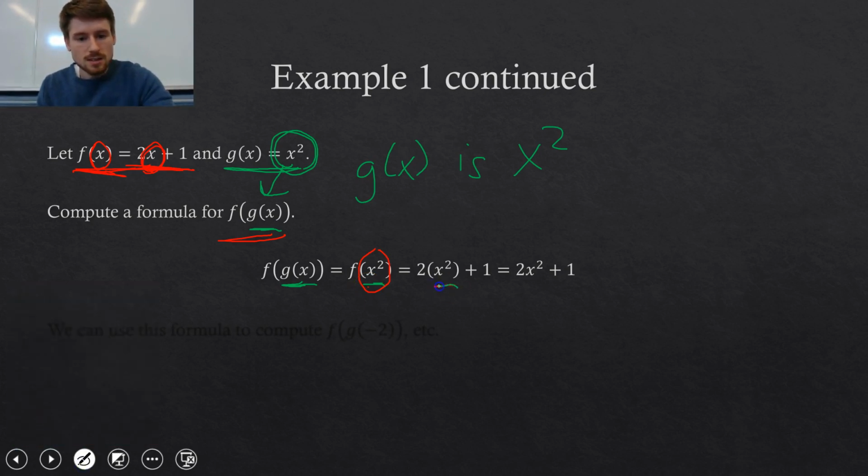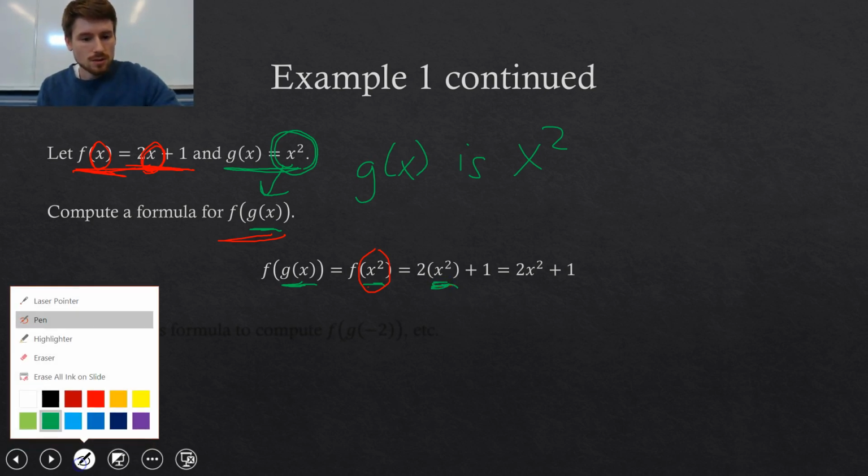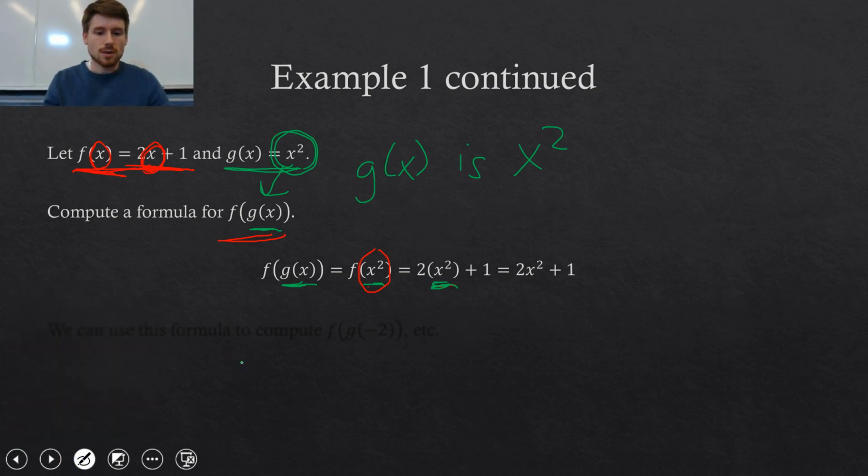This is g of x right here, getting plugged into f. So that's a formula for f of g of x: f of g of x is 2x squared plus 1.